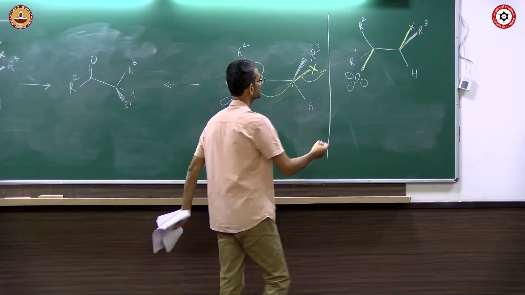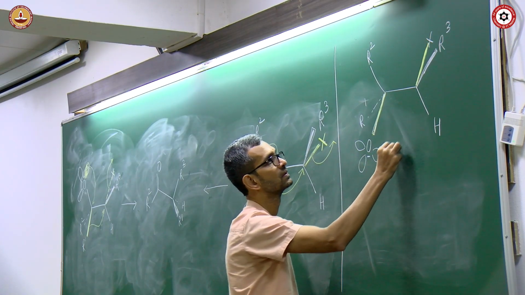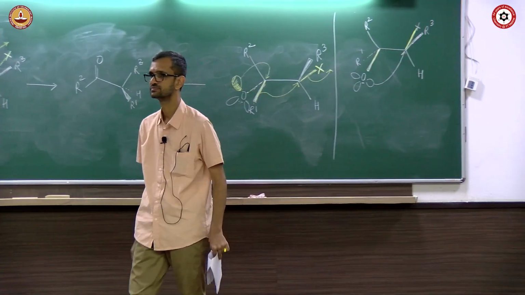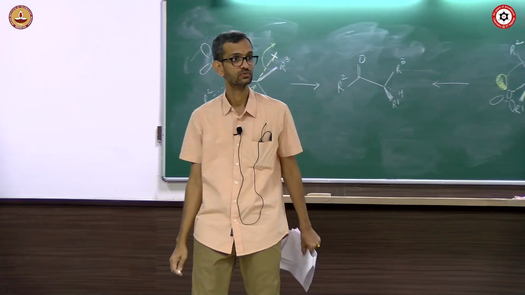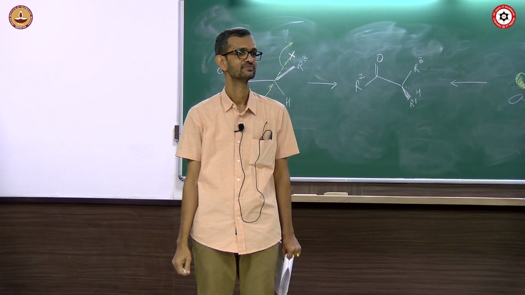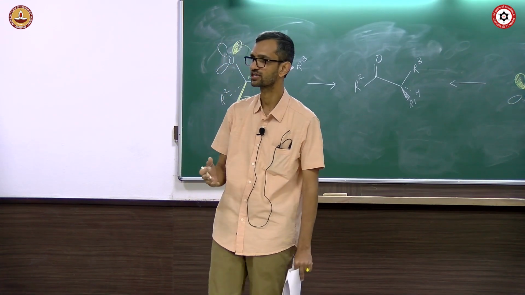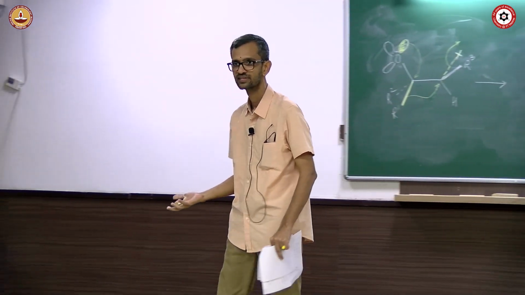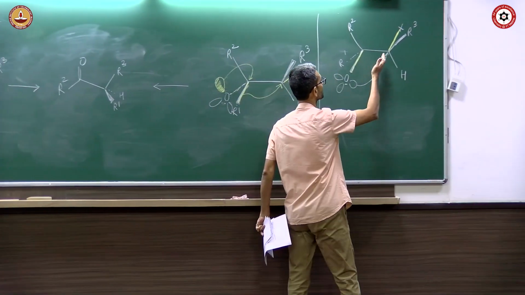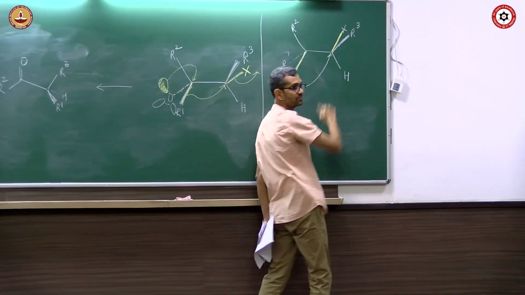What can happen is this lone pair is O minus. What do you get then? No, you would get an epoxide. Under what conditions do you get an epoxide? Under what conditions does it start to migrate, right? So when the O minus is anti-periplanar to the leaving group, then you get an epoxide.